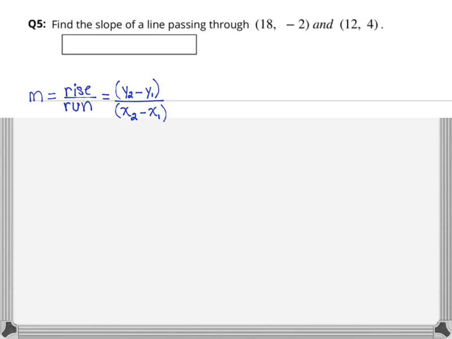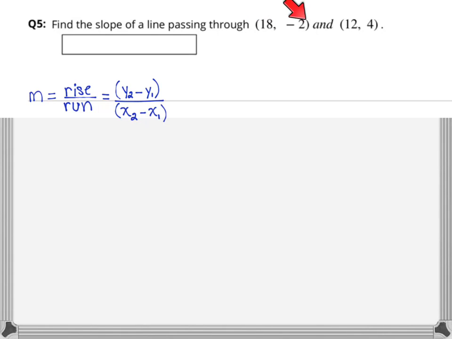Now, you've never seen these little subscripts before, 2, 1, 2, 1. What they refer to is basically the point number. So, we have 2 points that we're dealing with. We have 18, -2, and we have 12, 4. And we can choose right now which is going to be point number 1 and which is going to be point number 2. So, we'll make point number 1 the first one we see, which is 18, -2.